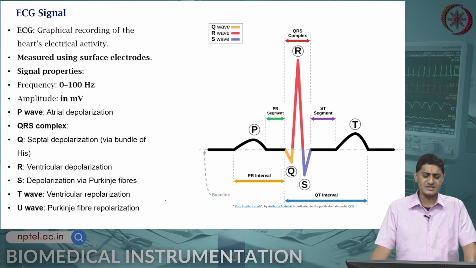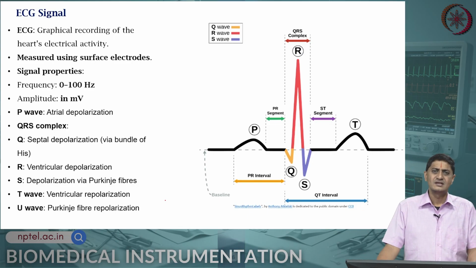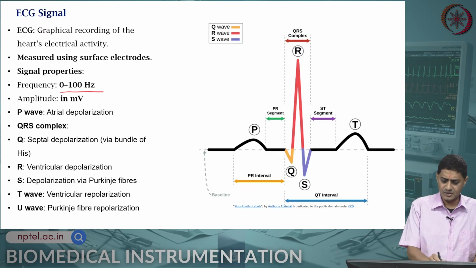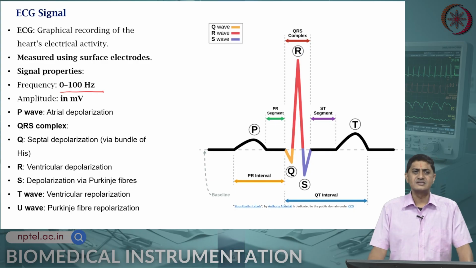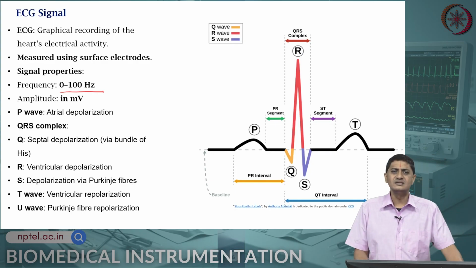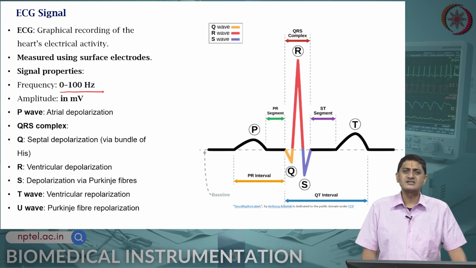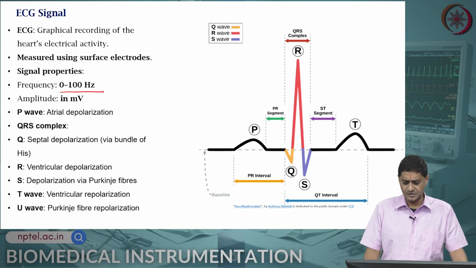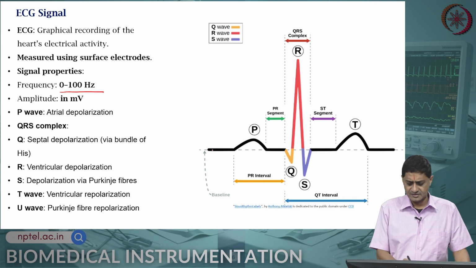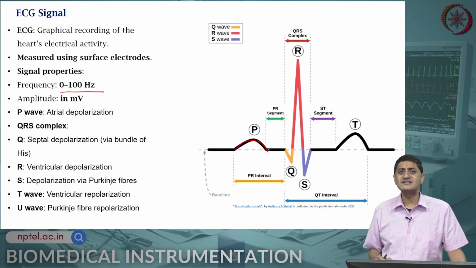So, this is measured using surface electrodes. In general, the frequency range is between 0 and 100 hertz. Amplitude is in the range of millivolts. Essentially, what you observe is that first there is a P wave that signifies atrial depolarization.